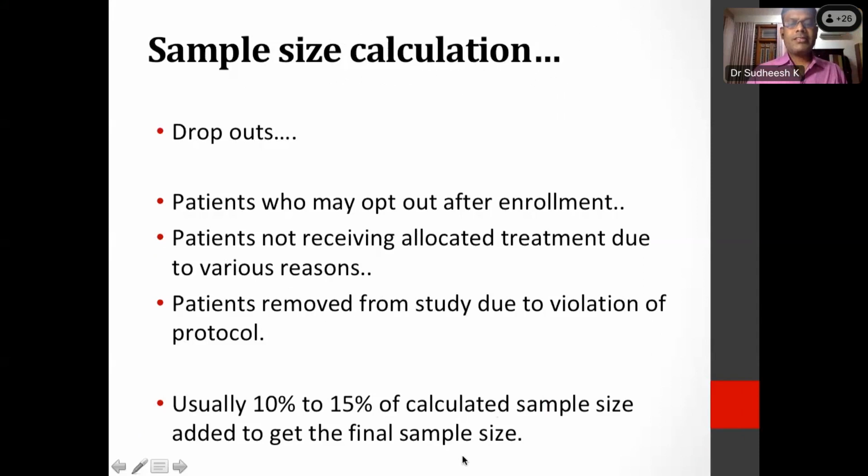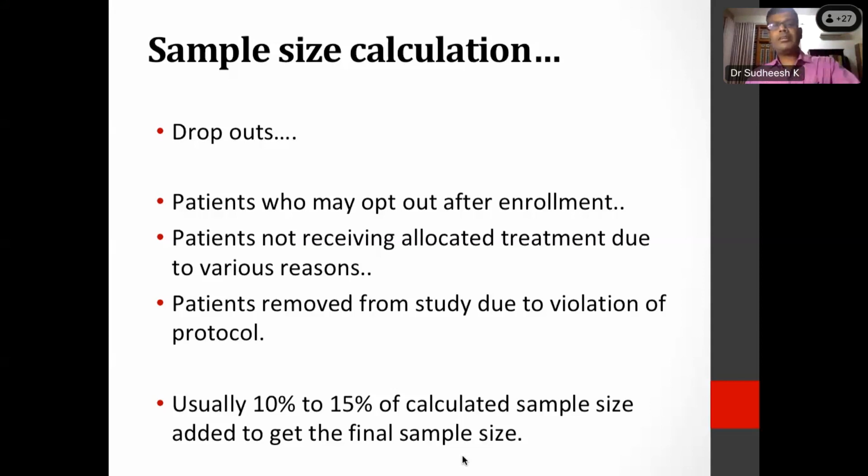Suppose your calculated sample size is 25, 10% of 25 is 2.5. So your total final sample size should be 25 plus 2.5, that is 27.5 or 28 in each group, so that you can compensate for all these dropouts. That's how you come to the final sample size estimation.